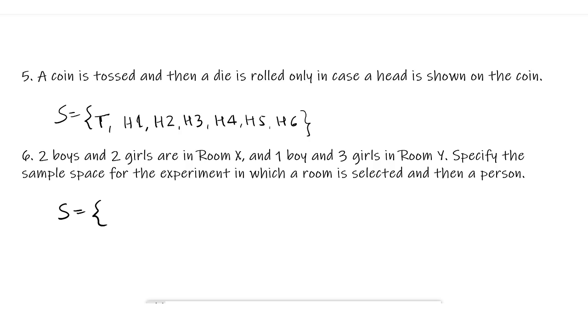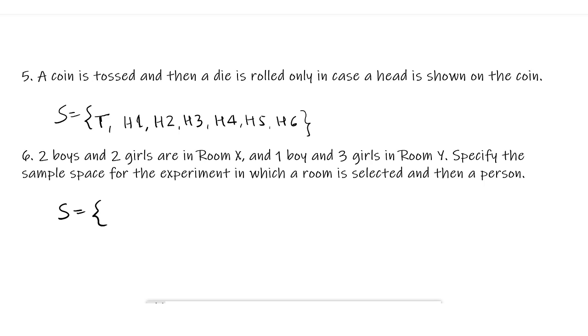And if we go to room Y, then we can select the boy or any of the 3 girls. So we name the girls 1, 2, 3, 4, 5, and similarly, we number the boys as boy 1, boy 2, and boy 3.